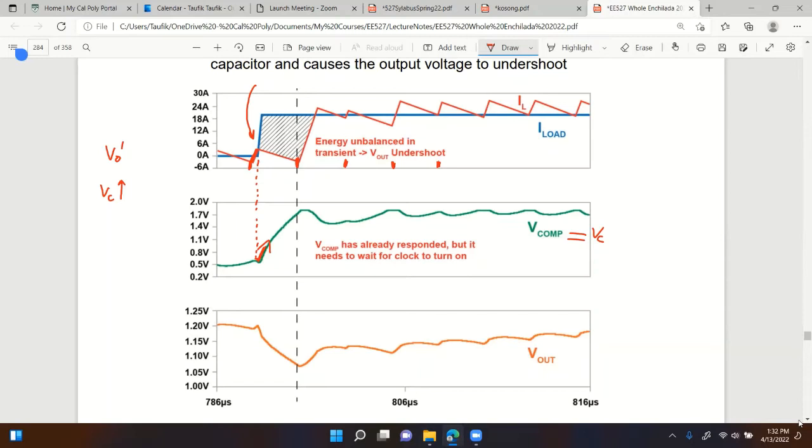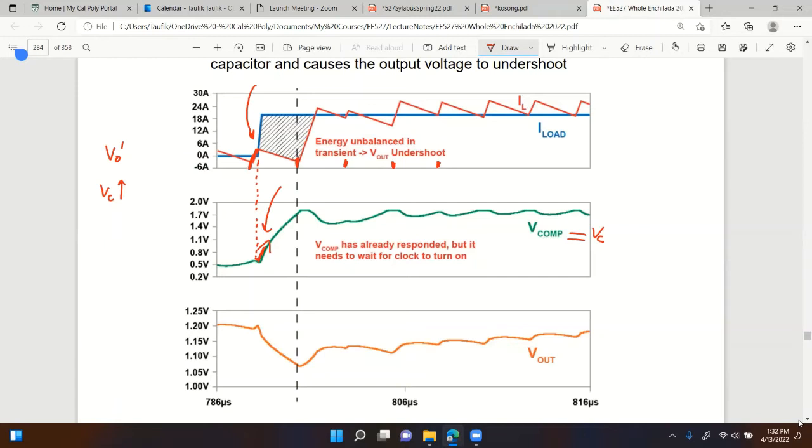Because it depends on the timing of the clock, even though the controller is already seeing the change, the increase in the output of the error amplifier, the error signal already goes up, but the controller cannot do any action yet, right? Because right now the clock says, don't do anything yet, wait until the next time the clock says to turn on the switch, right?